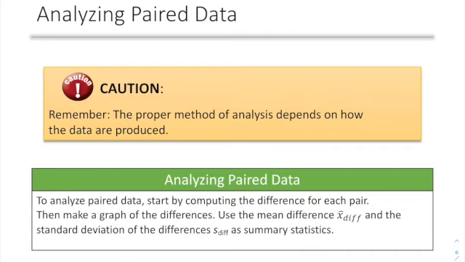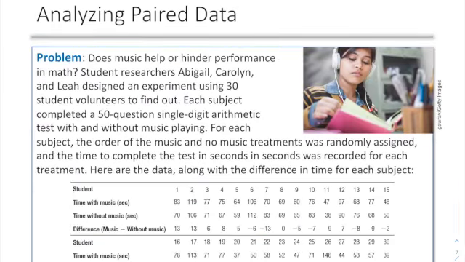One thing to remember is that the proper method of analysis depends on how the data are produced. So when do we analyze with paired data? You start by computing the difference for each pair, then make a graph of the differences, and use the mean difference and the standard deviation of the difference as your summary statistics.